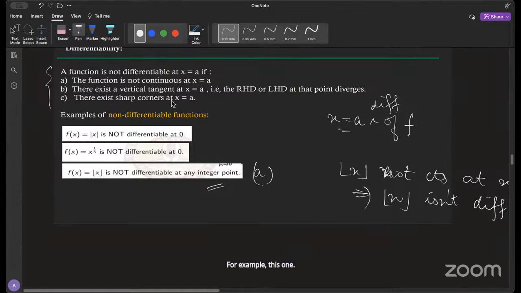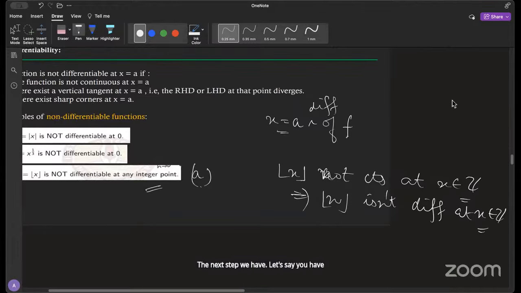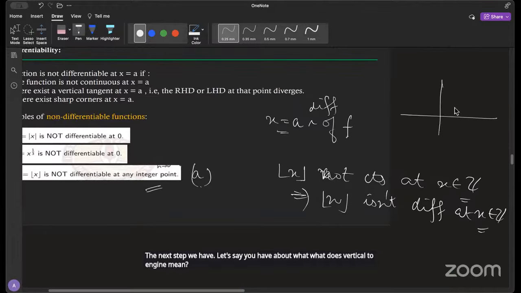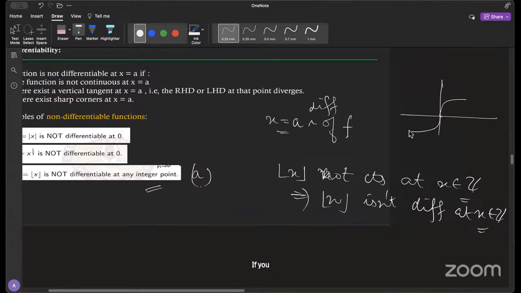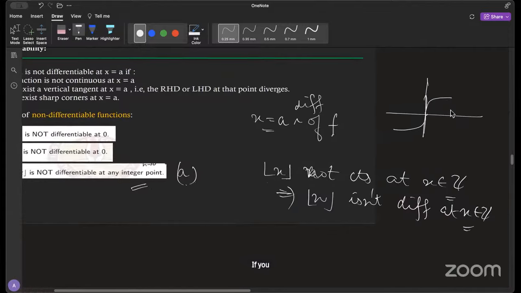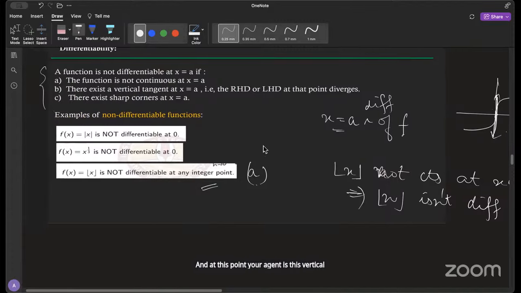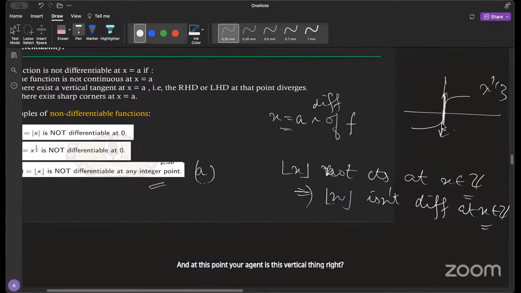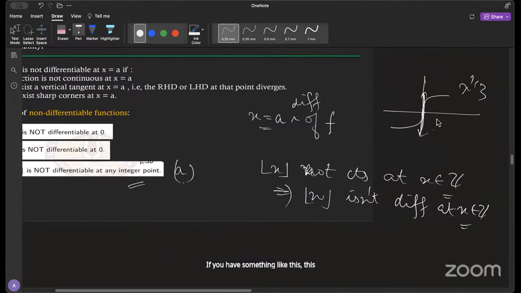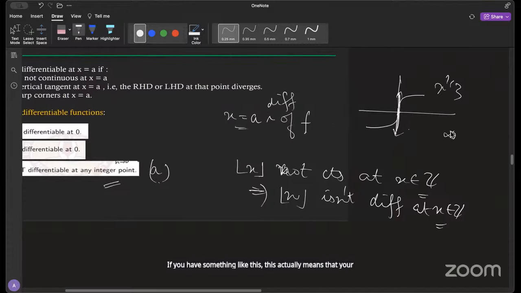Then next up, what does vertical tangent mean? It means this. If you have checked the graph of x to the power 1/3, it looks like this. And at this point, your tangent is this vertical line, right? That actually means your slope is infinity.